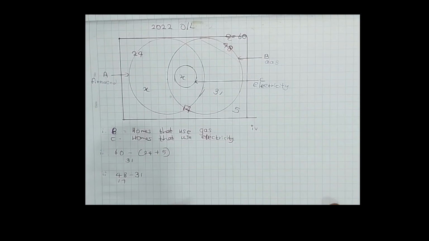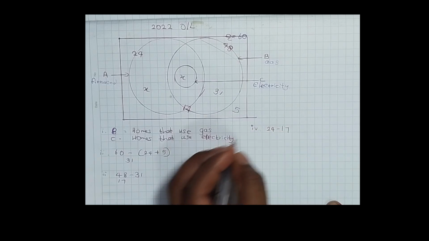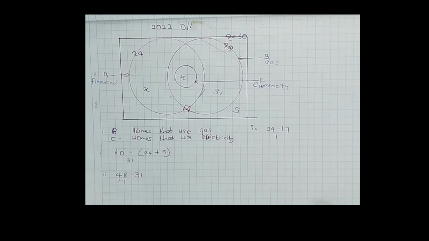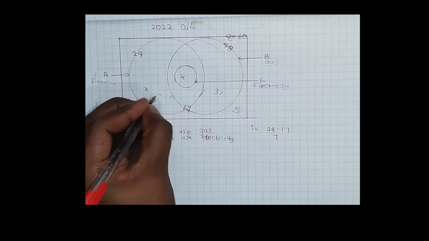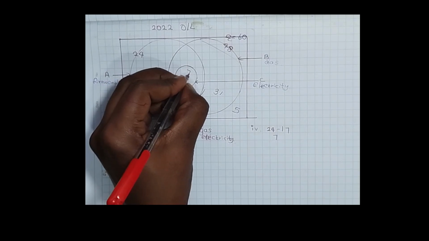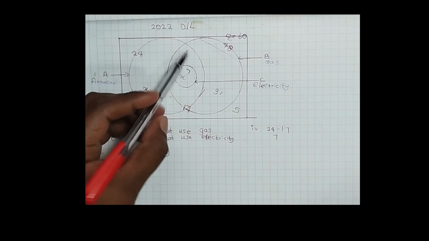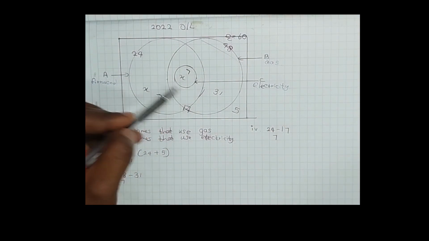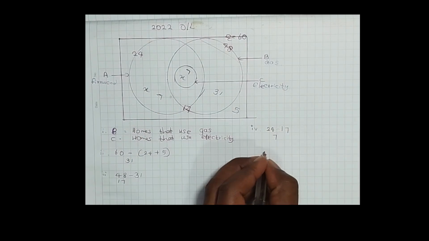Let's find it first. 24 minus 17, you will get the answer 7. So only using firewood, X, is 7. So if this is 7, this value is also 7. Now you are asked to find the value of this region. Now you know the value of this region. It's 17.